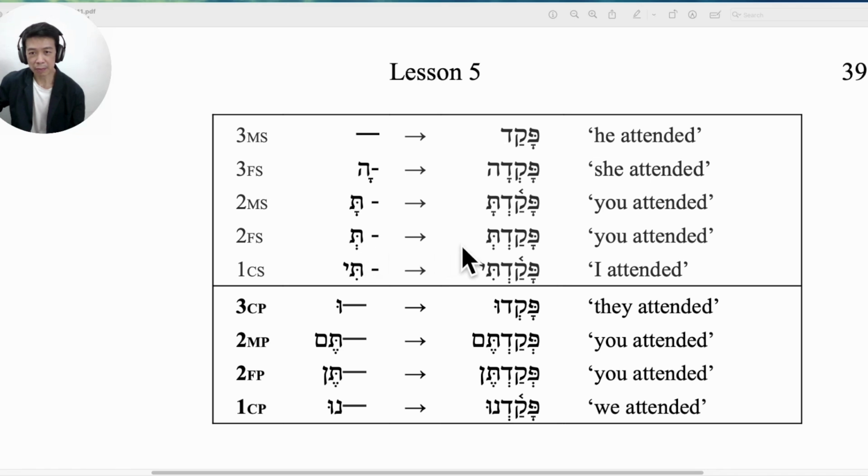So for you attended, it will become pakadt.